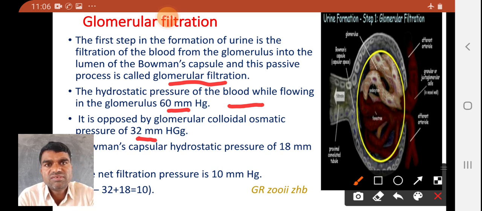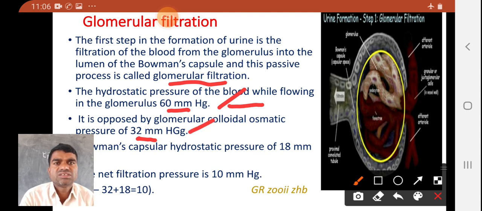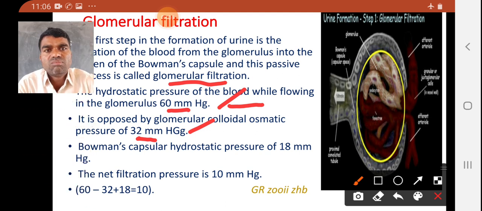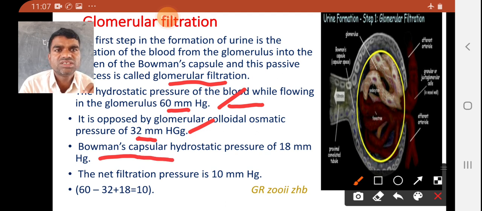Hydrostatic pressure of blood flowing into the glomerulus is 60 mm Hg, opposed by glomerular colloidal osmotic pressure of 32 mm Hg. Then the Bowman's capsule hydrostatic pressure, that is 18 mm Hg. What is the net filtration pressure here? Net filtration pressure is 10 mm Hg.